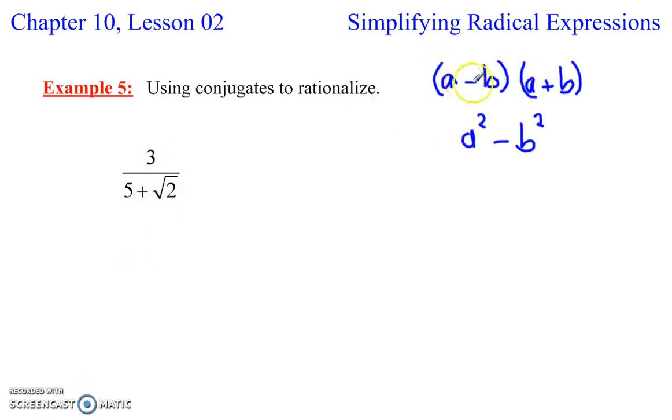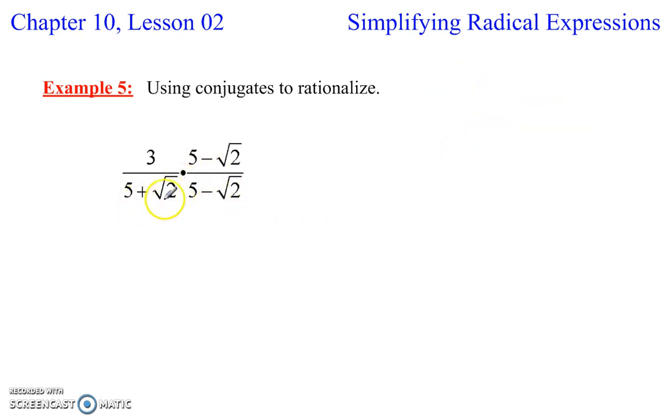So if you remember the difference of squares, we have a minus b times a plus b gives me a squared minus b squared. So each of the terms is going to be squared. So if I expand this by the opposite sign, by the conjugate, then we will have the factors for a difference of squares.